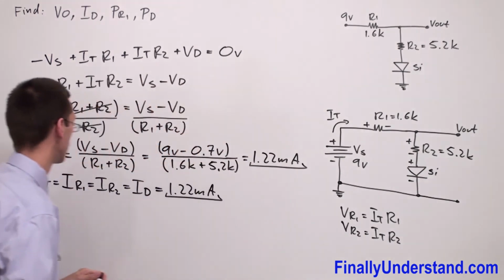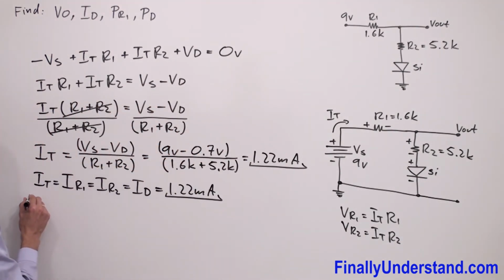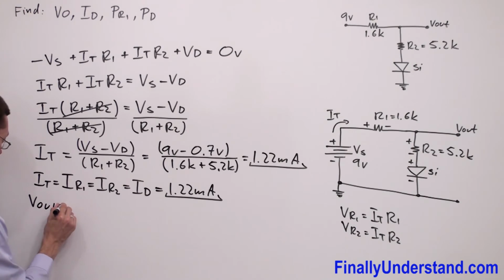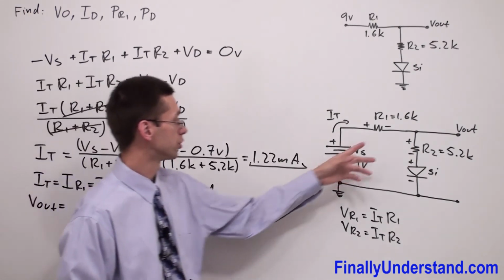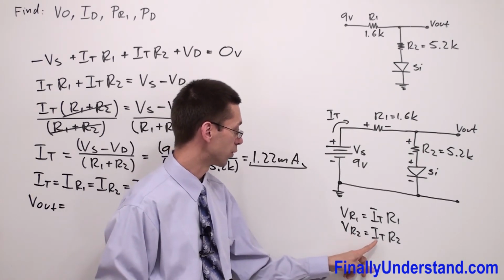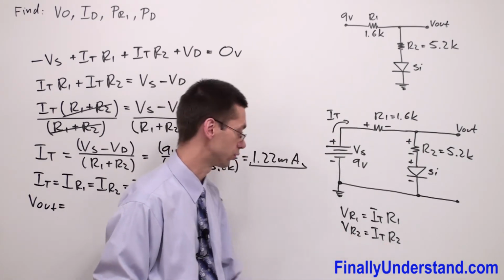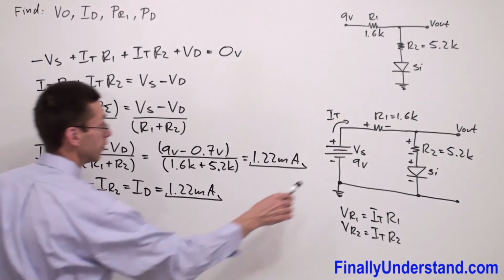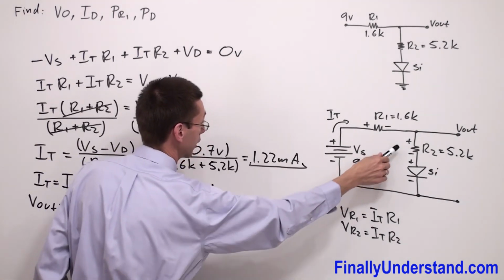So let's write. We have Vout is equal voltage across the resistor. We found that VR2 is equal I total times R2. So I have positive, I have to look at the signs.